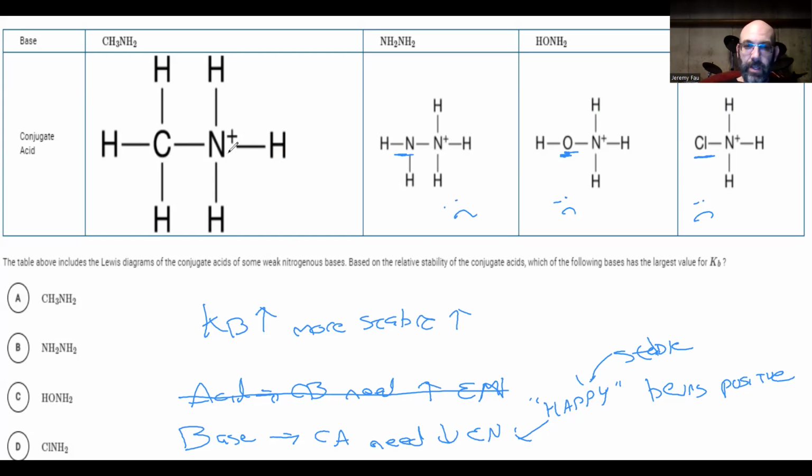Carbon is totally content being positive, right? It's no big deal. So of the 4, this one's the happiest being positive. This is the most stable. This would have the highest Kb as a base. So methylamine is going to be your answer.